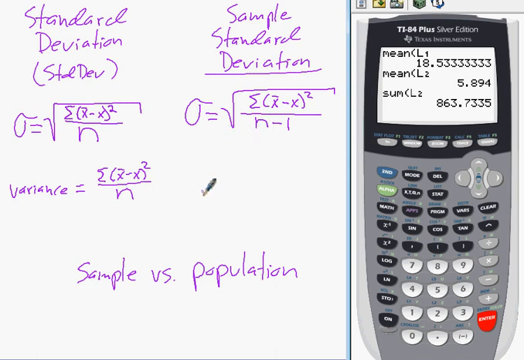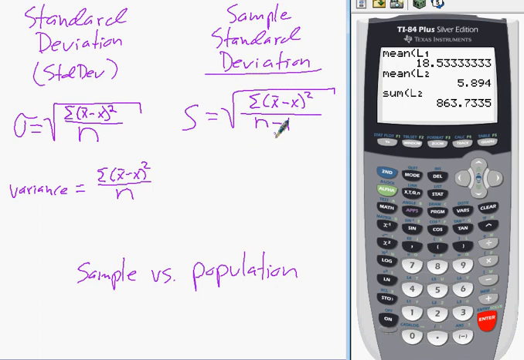And I'm sorry, I'm going to have to make a correction here because, of course, we use a different symbol. All right, this is S. All right, so you can distinguish between sample standard deviation and regular population standard deviation. So this is going to make your sample standard deviation a little bit bigger than your population standard deviation. Again, because you're just less sure.